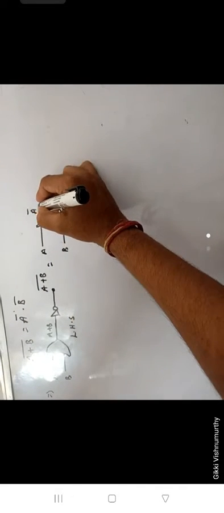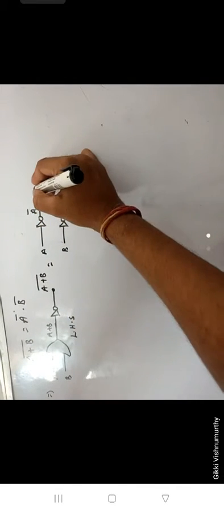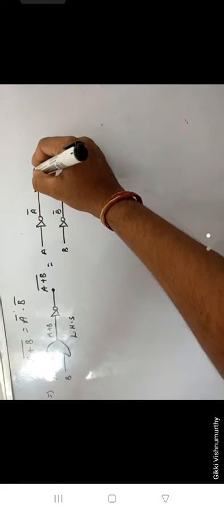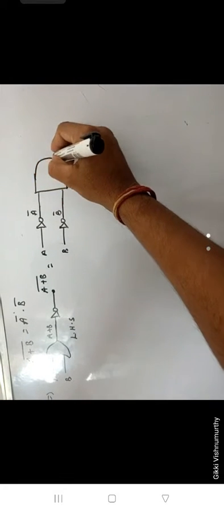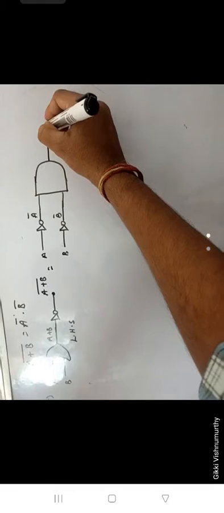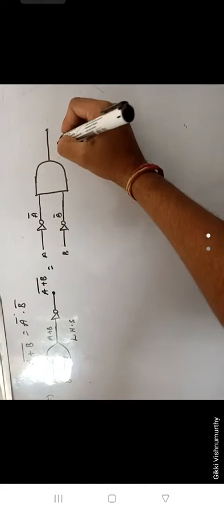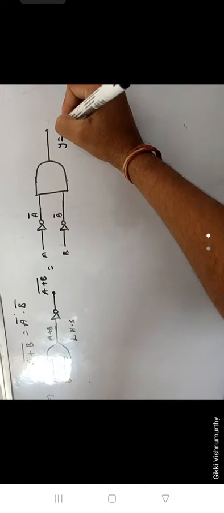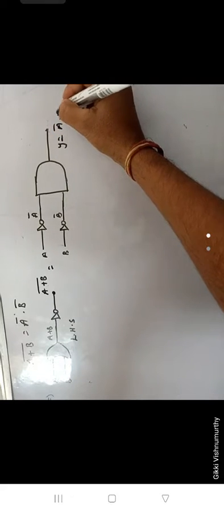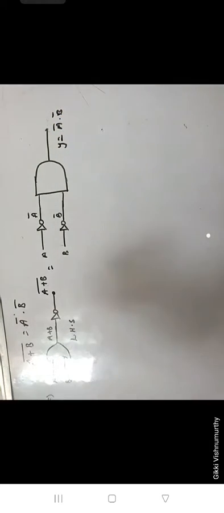Now we take the product between A bar and B bar, so we use the AND gate. Therefore, from this we got the output Y is equal to A bar dot B bar. So this is the circuit for the De Morgan first law.